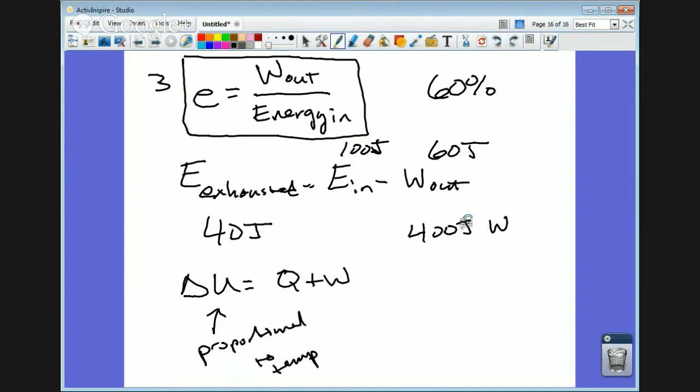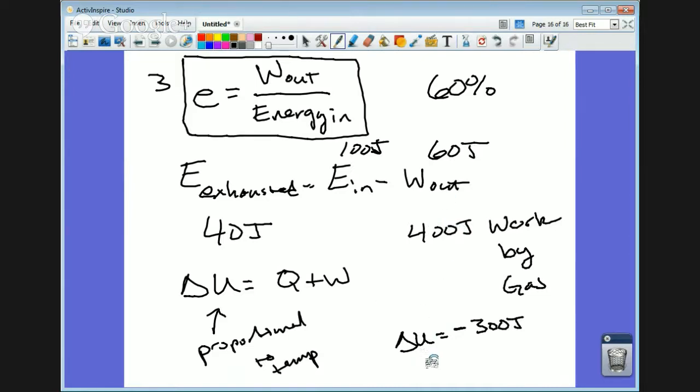I don't remember how it went. So let's just make it a new problem. 400 joules of work done by the gas. The change in internal energy was negative 300 joules. We lost 300 joules of internal energy. Well, we should have lost 400, right? Because the gas did 400 joules of work.